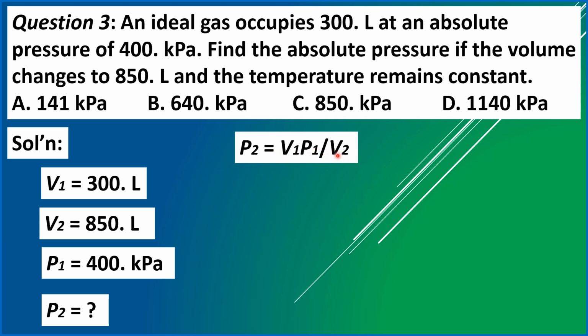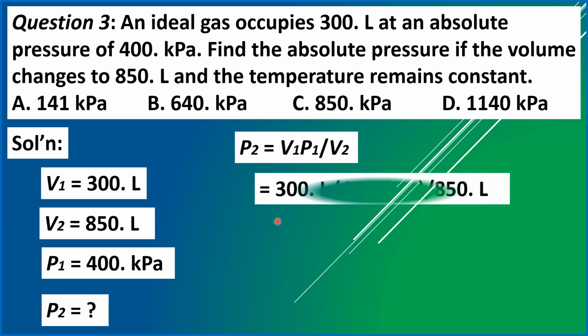Understood that in here, the Kelvin temperature is held constant. All right? So substituting our given data, we have 300 liters, that is V1, multiplied by 400 kilopascal, that's P1, and divided by 850 liters, that is V2.